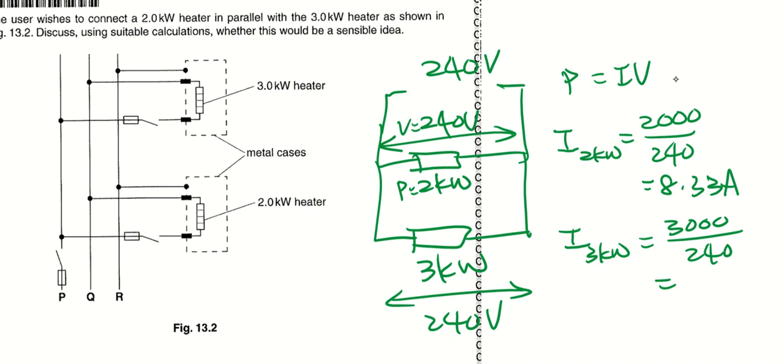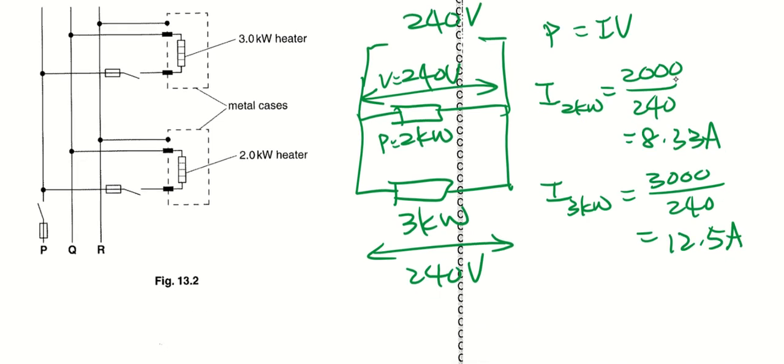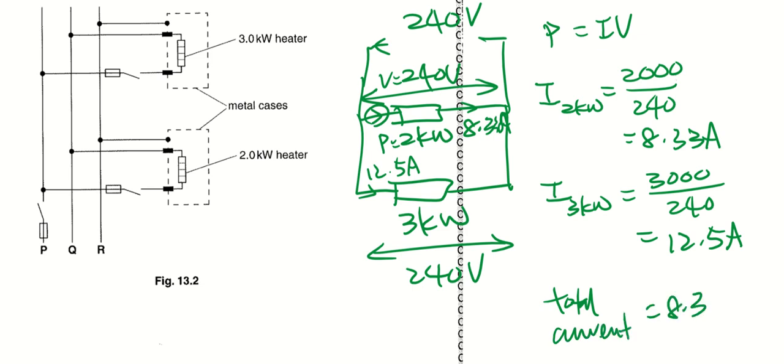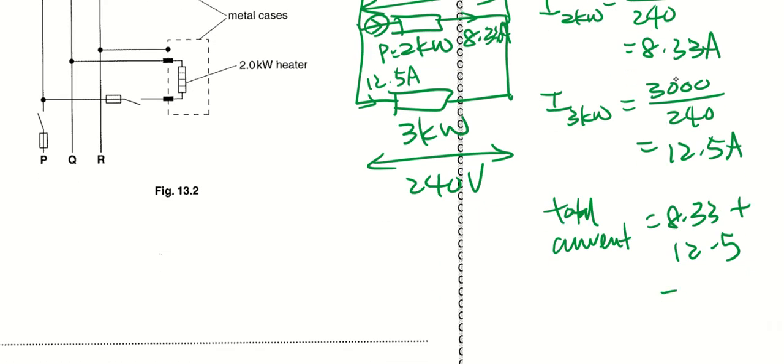Therefore, I'll have a value of 12.5 ampere. Now, this will be 8.33, this will be 12.5 ampere. So the total current that comes out from the main supply will be a sum of 8.33 plus 12.5. So I have a total value of 20.8 ampere.